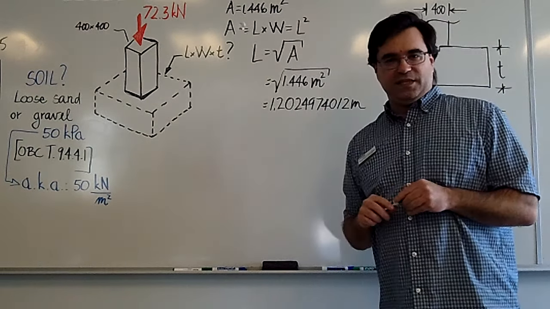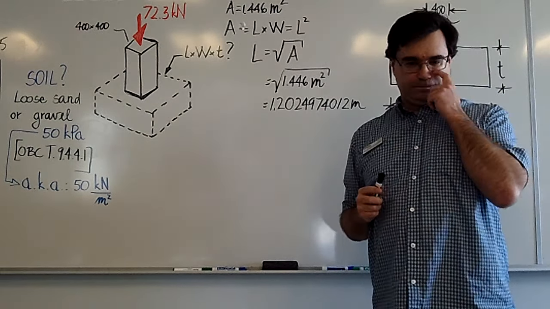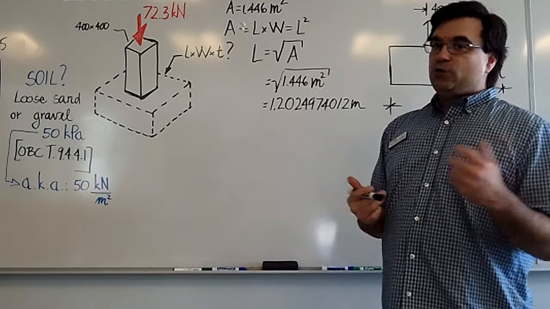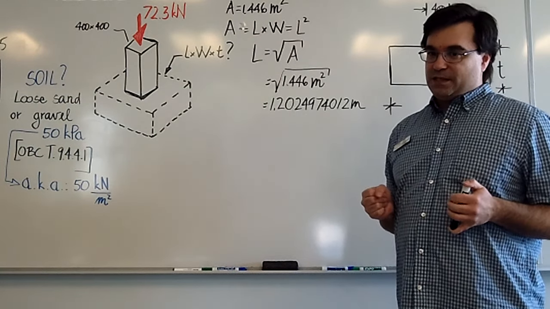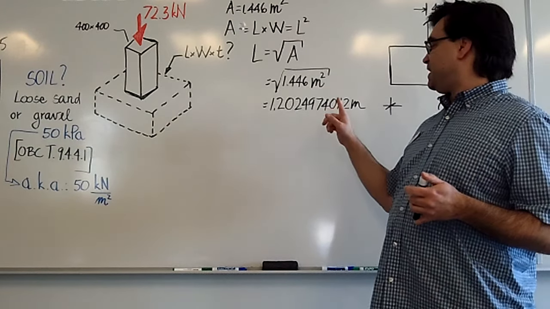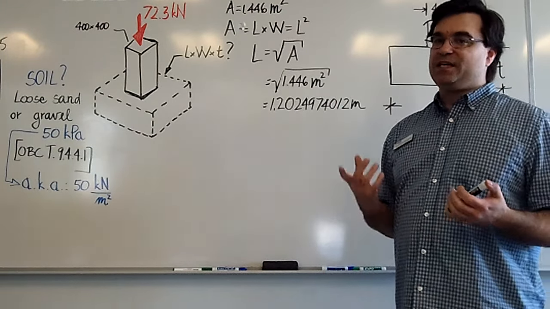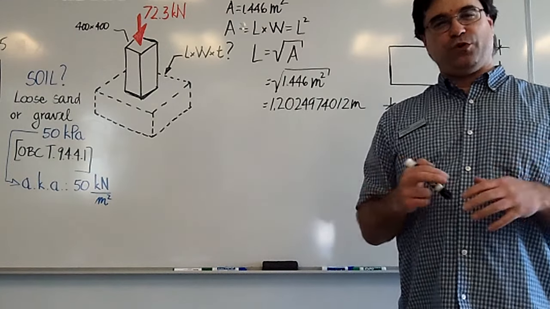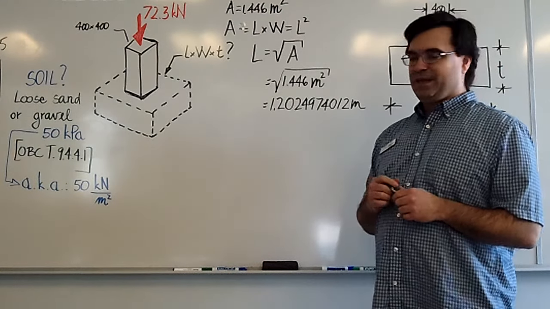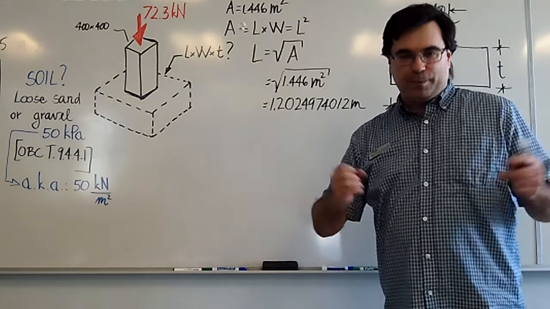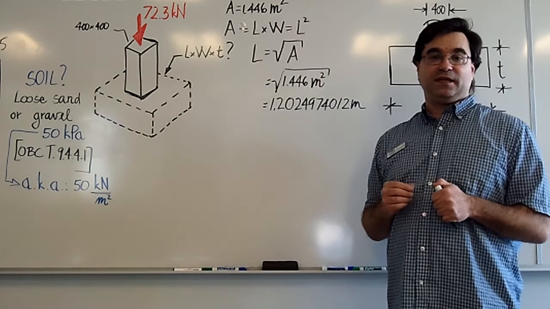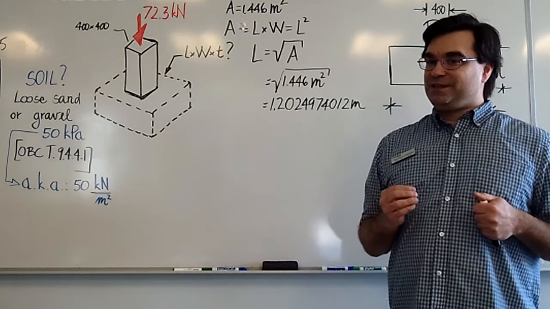Now, why did I do something this silly? It's to illustrate a point, okay? When you calculate something, your calculator will give you something that's very, very precise. But what you get as a number using math is very different from what you can use in real life in civil engineering. If you give this as the dimension of one side of your pad footing to somebody to build on site, they'll be disappointed, right?